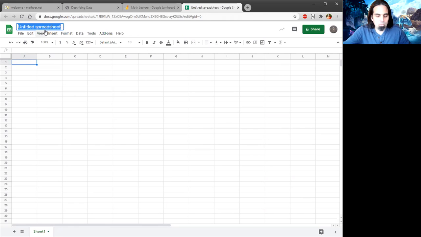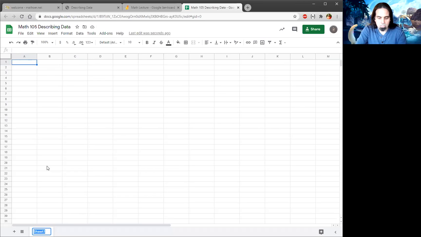Sorry, my phone thought I was asking a question. Okay, let's name this Math 105, describing data. And I'm going to rename this tab as making a histogram. Does everyone know that at the bottom you can have different pages in a spreadsheet? So we'll get to that later.